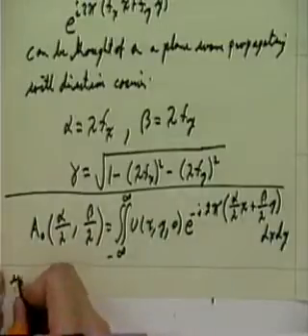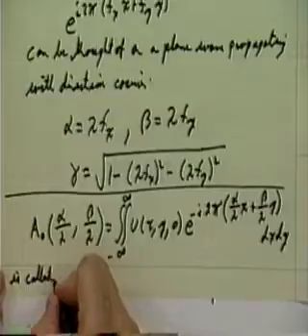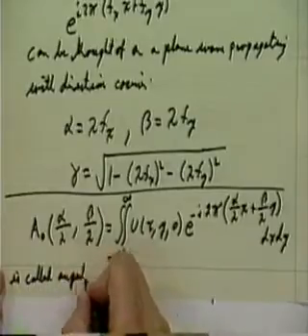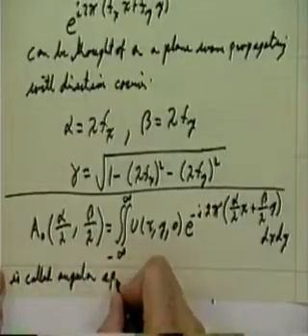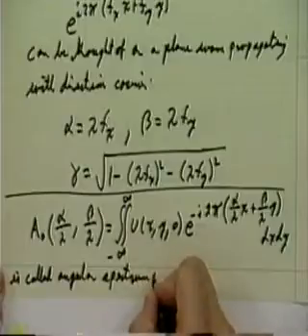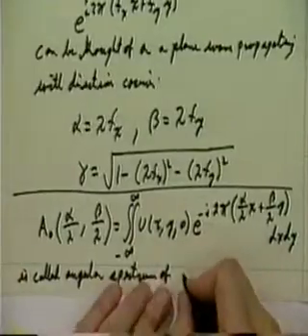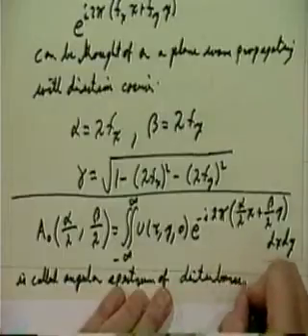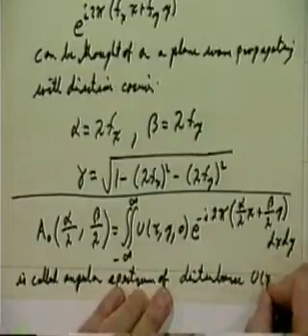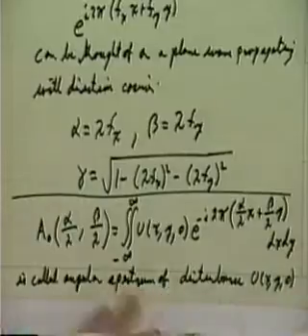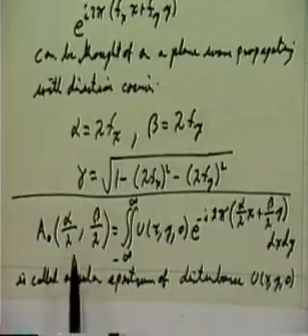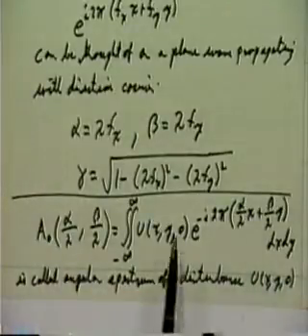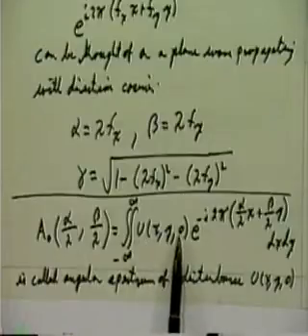So all we've done is simply write down the Fourier transform of the field we have in the plane z is equal to 0.